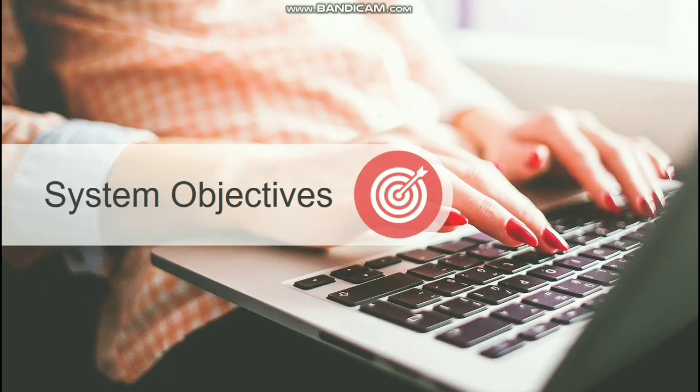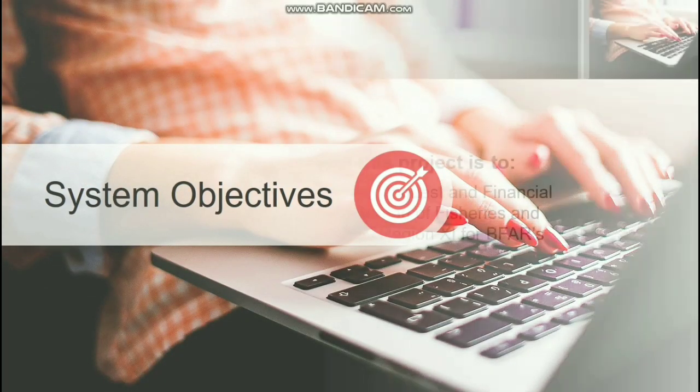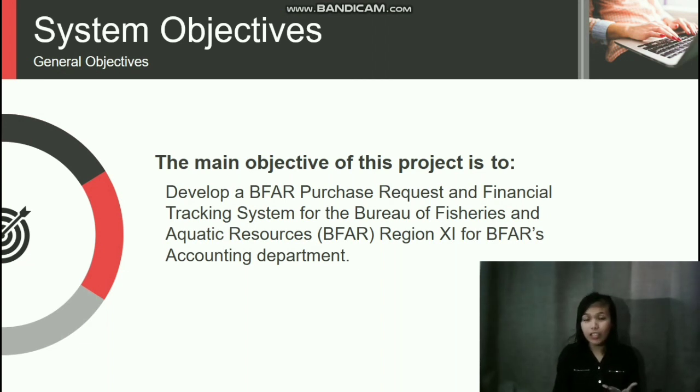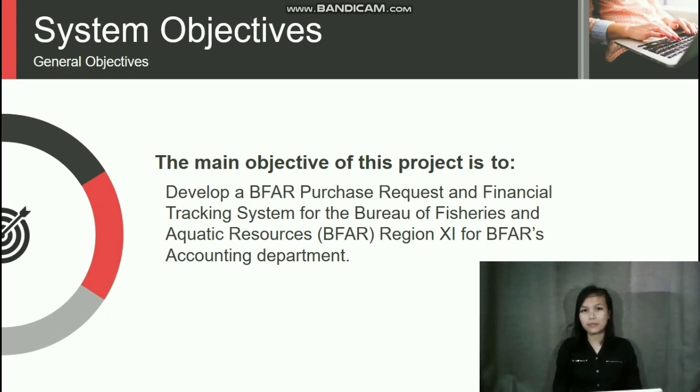System objectives. Let's proceed to the objectives of the project. The main objective of this project is to develop purchase request and financial tracking system in BFAR Region 11, Bureau of Fisheries and Aquatic Resources for Accounting Section Department.